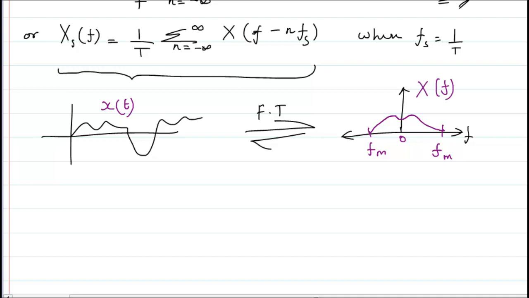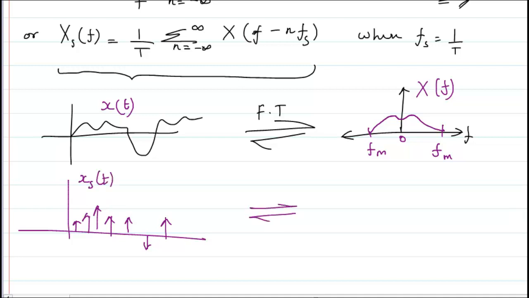Then the sampled version of the signal will be basically multiplied, whatever we have done here. So it is basically going to be the sampled version of this signal. So if I take the sampled version of this signal, which is xs of t, and we have seen that the Fourier transform of xs of t is going to be, we just now saw, Xs of f, where Xs of f is basically given by this equation, which is what?